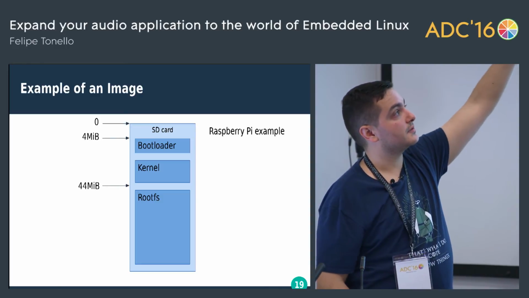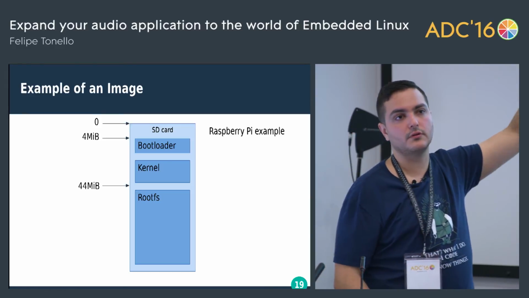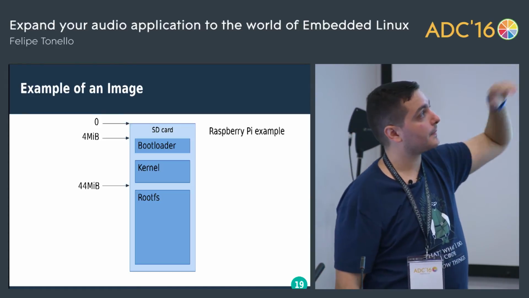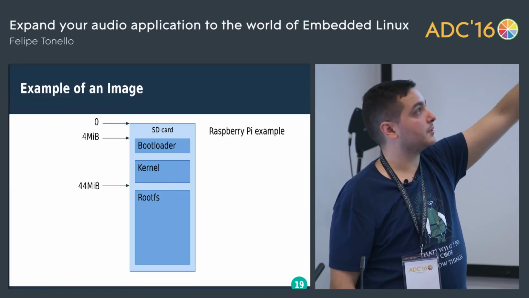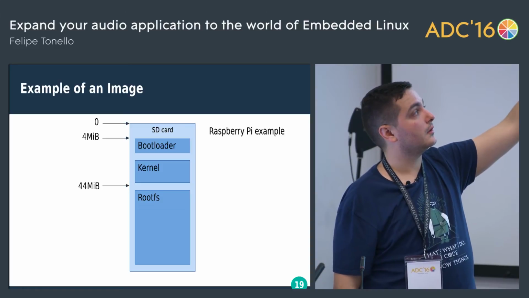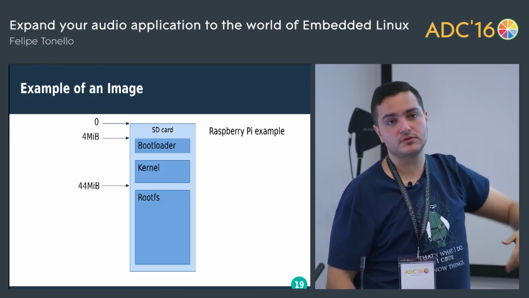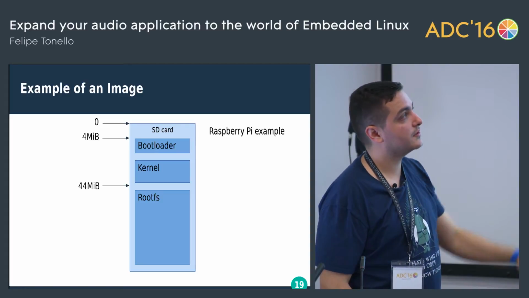It goes to that address and runs the bootloader configuration files there. And then in that particular partition, let's say you have the kernel, and then the kernel at that point boots where your root file system is. So this is one example of an image.